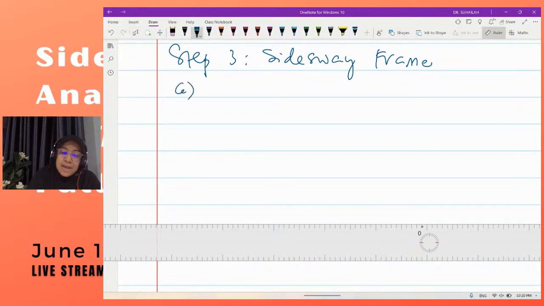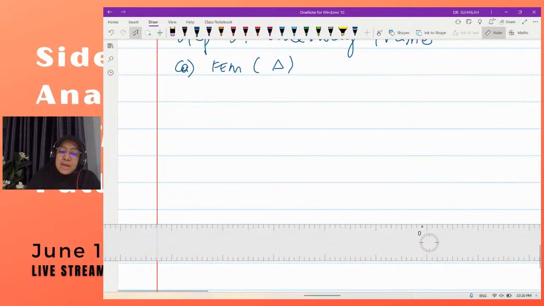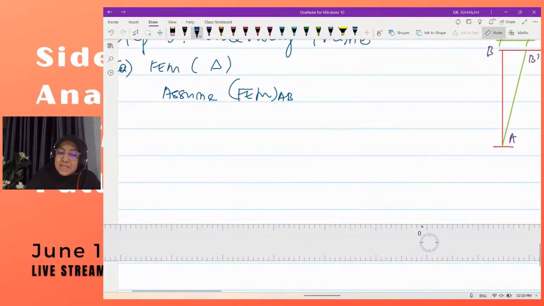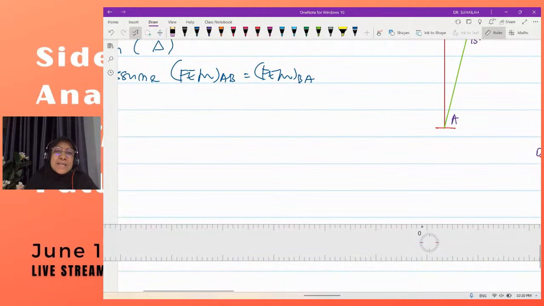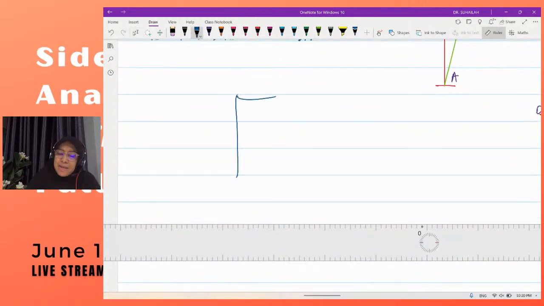Step A, FEM due to delta. We have to assume FEM for member AB, and this is equal to FEM for BA. Why is it equal? Because of the behavior.